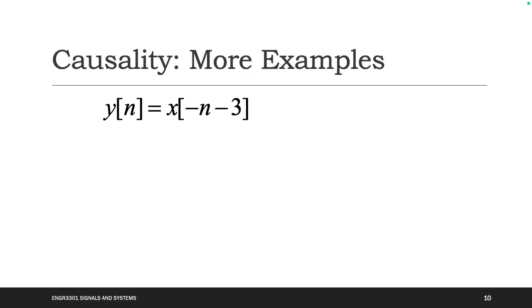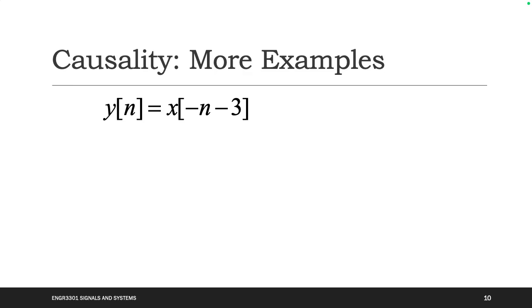But if n equals -5, x is +2. So it is a future of the past.